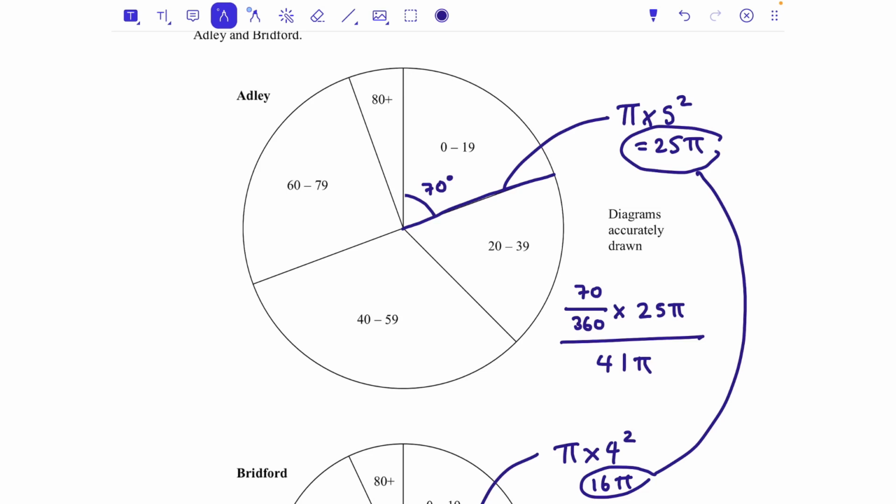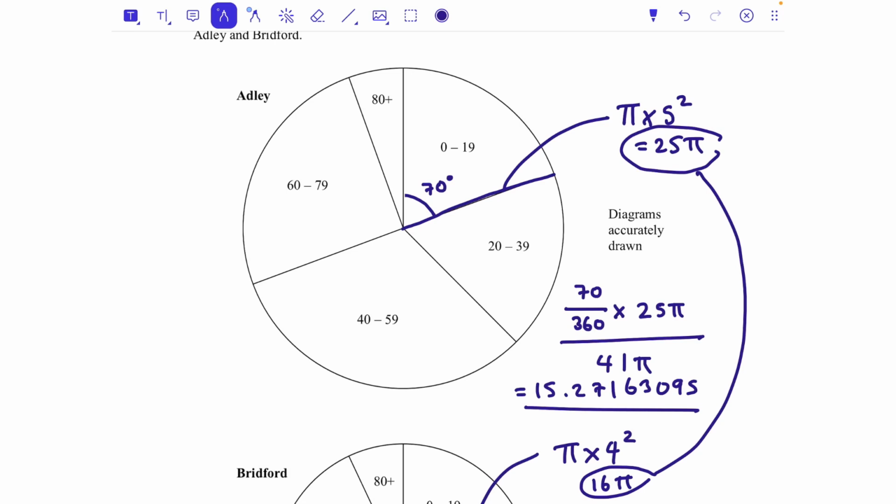So I'm going to type in my calculator 70 over 360, because that's what fraction of the pie chart we want, multiplied by 25 pi, and that is 15.271. So that's quite a horrible decimal. And then we're going to divide that, so that is 15.27163.095.